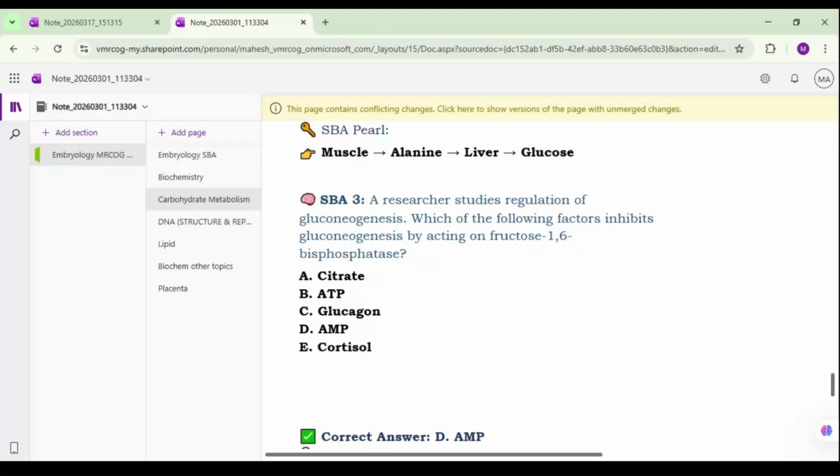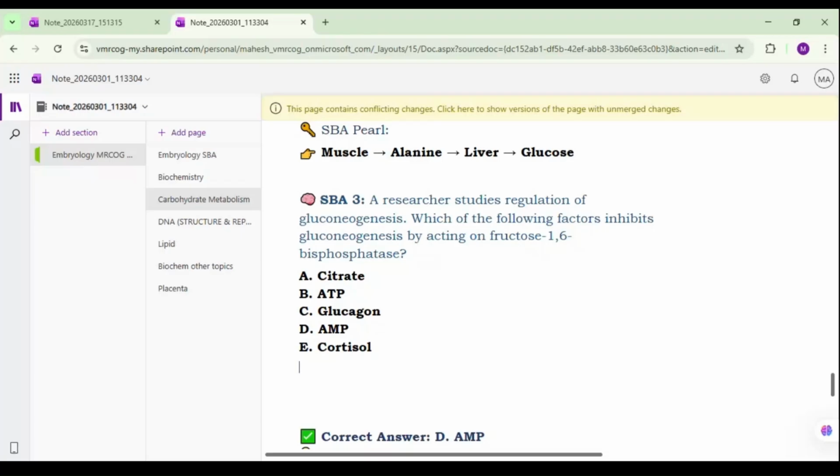Next. A researcher studies regulation of gluconeogenesis. Which of the following factors inhibits gluconeogenesis by acting on fructose 1,6-bisphosphatase?